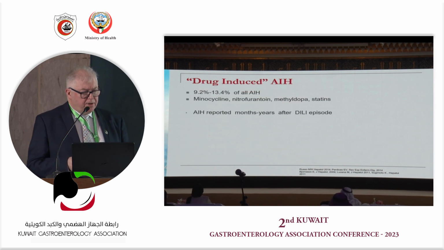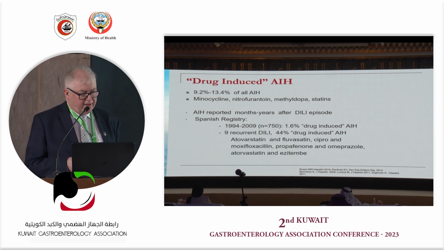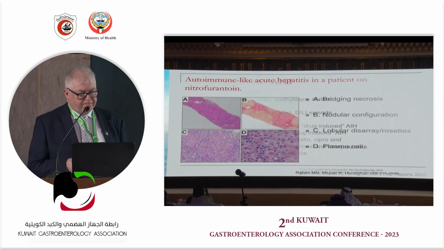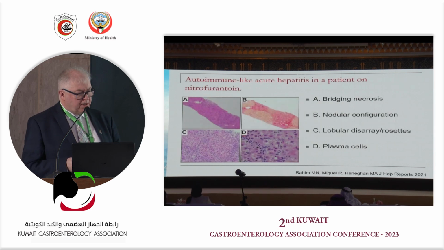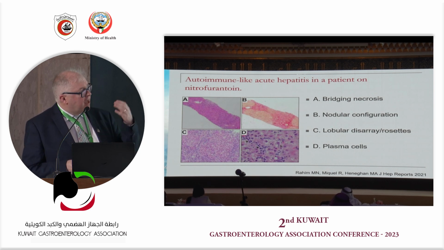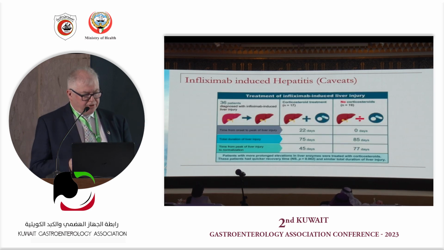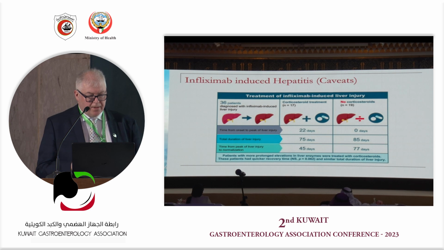Of all the autoimmune hepatitis, about 10-12% of all autoimmune hepatitis represents drug-induced, and this is present in all of the registries. They're often cirrhotic, they will often have nodules, they'll often have plasma cells and disarray in their biopsies, and you treat these as though they're classical autoimmune hepatitis with reducing doses of steroids.